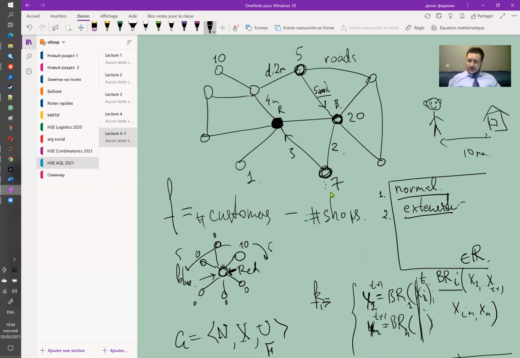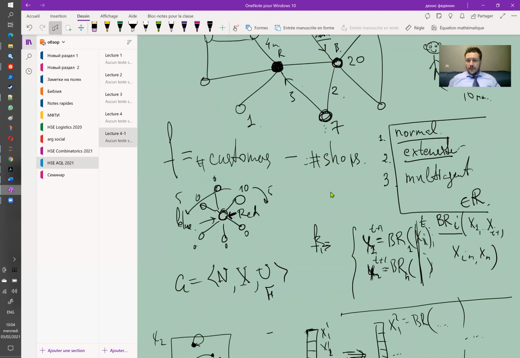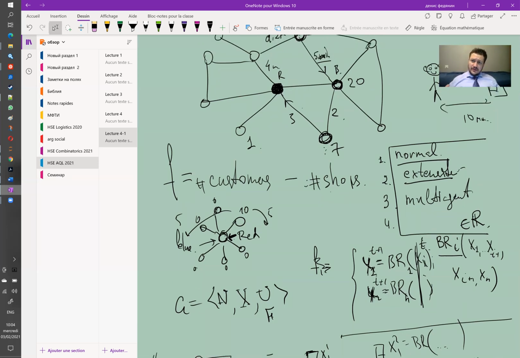So we have a normal form game, an extensive form game, and another thing, multi-agent, when we have several agents. So it's not a game of two, but a game of several players. And we can also consider the situation when players have an opportunity to choose places not only for one shop, but for several shops, with a certain number of shops.